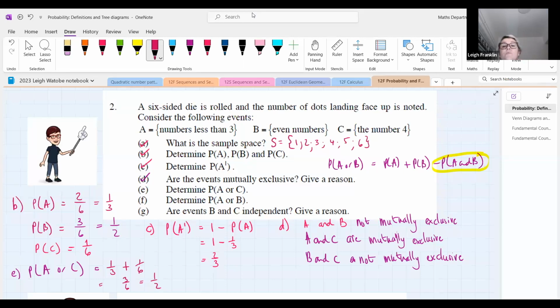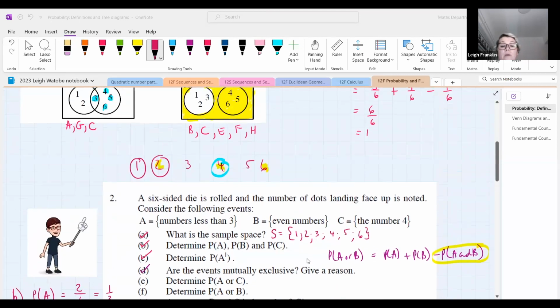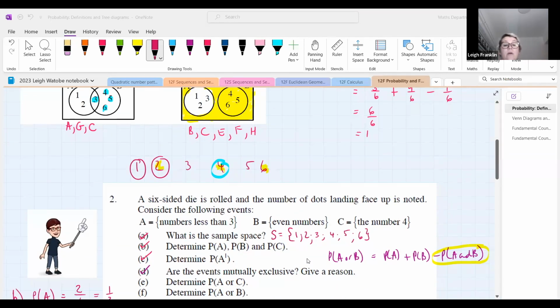The other way, of course, we can look at that is if we go up here and have a look, the probability of A was those 2. The probability of C was that one. Okay, so A or C would have been the numbers 1, 2, and 4.